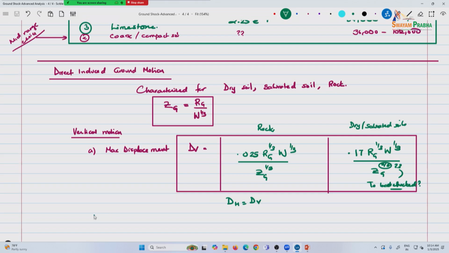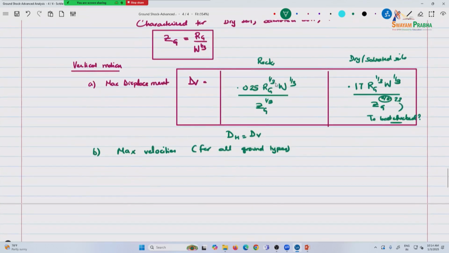The maximum velocities for all ground types. One thing I forgot to mention here, dH is dV divided by 2.